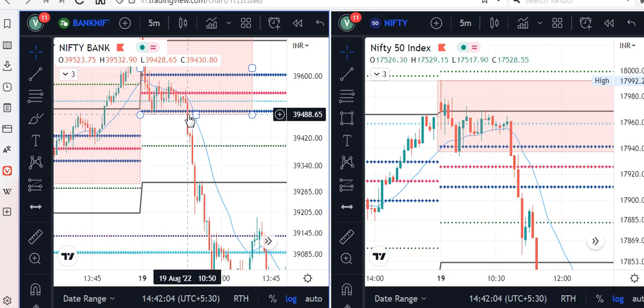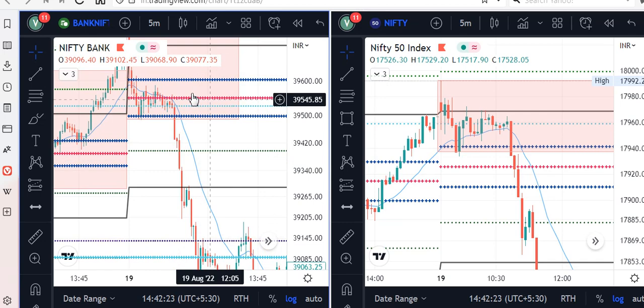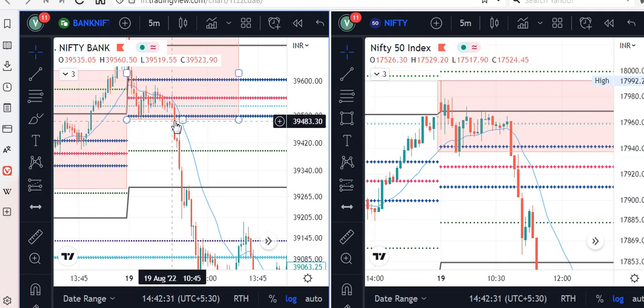That means if it breaks here, they will add their position here, because there is a lot of chance of a trending day. They will add according to the situation, and take out some lots. If this 20 MA rejection is not there, I may not take the trade, because I don't know whether it is a false breakout or a trending day.